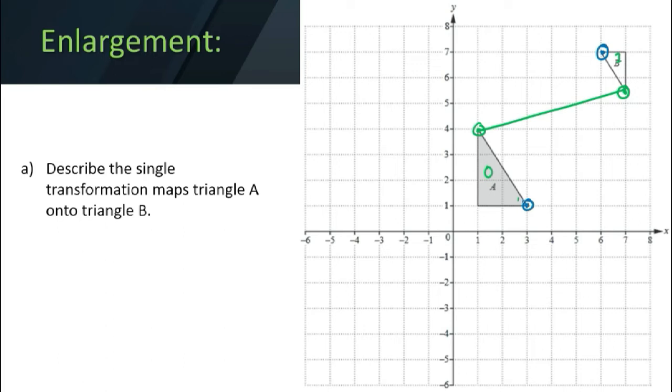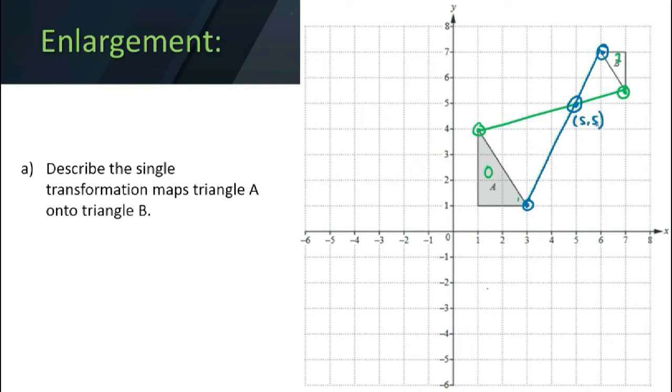Okay, so if I join these 2 vertices, blue one, where these 2 lines are intersecting, that is the point of enlargement. So this green line and blue line are intersecting at this point. So this is our point of enlargement and this is 5, 5. So we have got the point of enlargement.